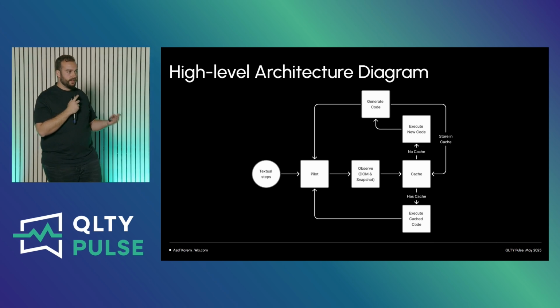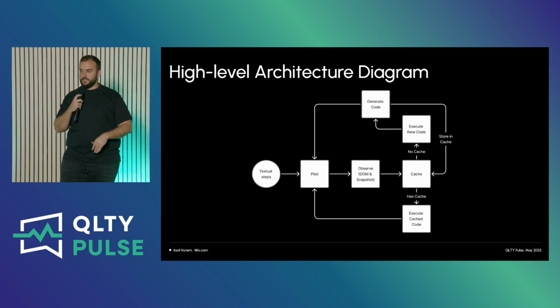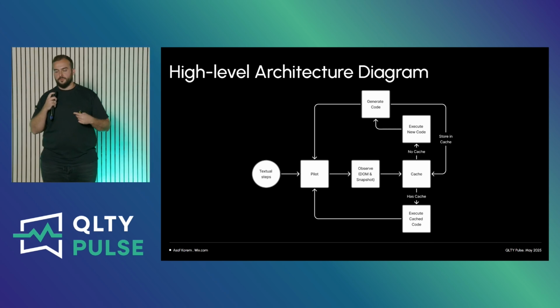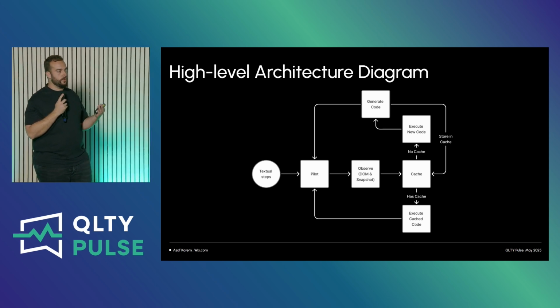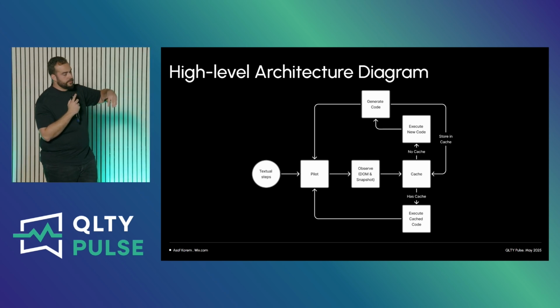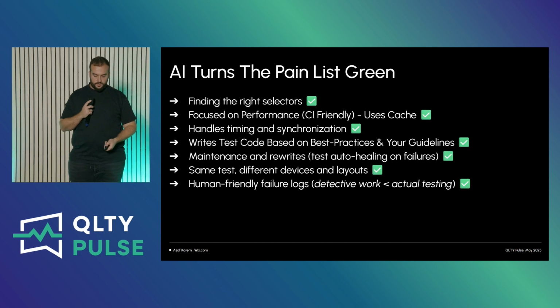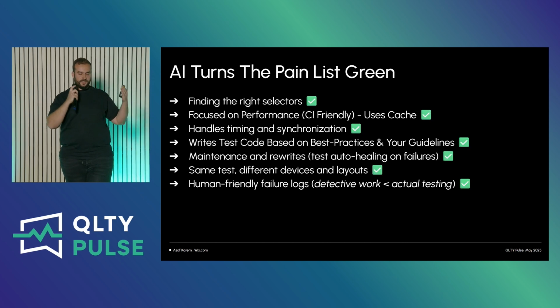If it already has cache, it executes the code that was cached before. If not, it generates new code using LLM, caches it and executes it. And that's it, basically. It's a very, very simple idea.